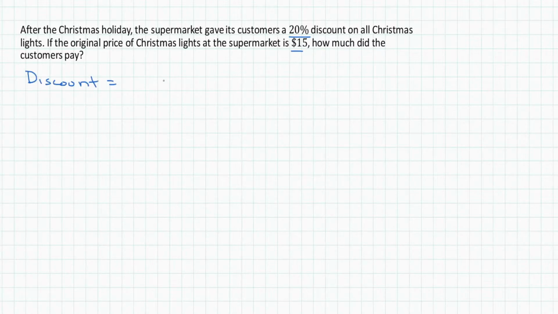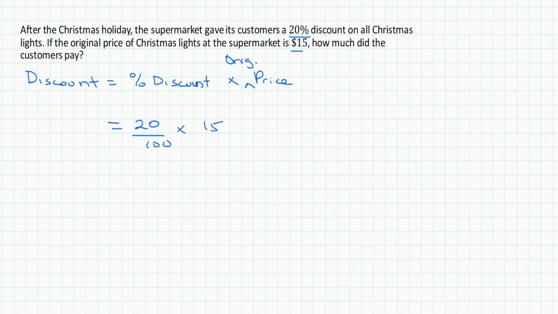The discount is going to be our percent discount multiplied by the original price. So our discount here is going to be 20% multiplied by 15. So I'm going to cross this out here, and then 10 divided by 5, I have 2. 15 divided by 5, I have 3. 2 divided by 2, 1. So this is going to be a $3 discount.